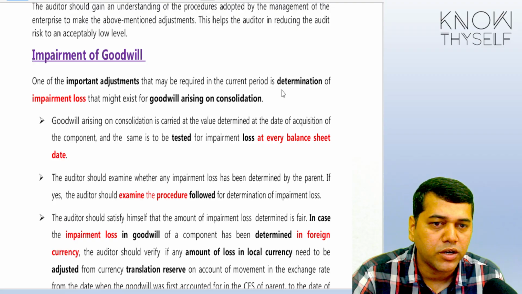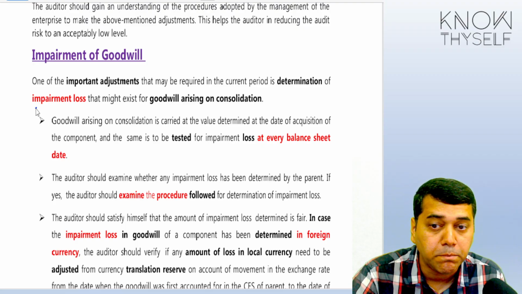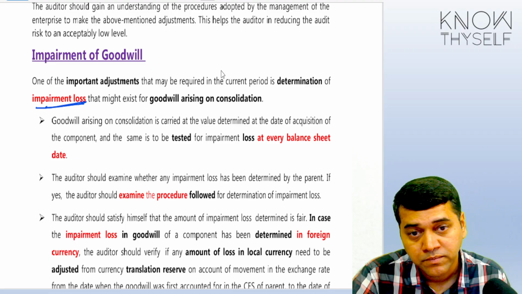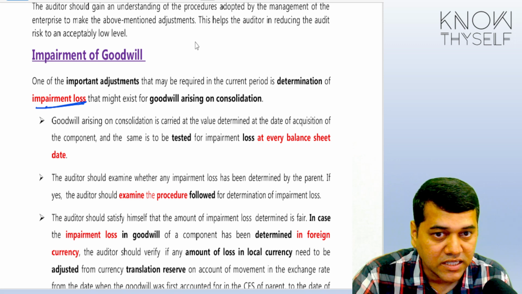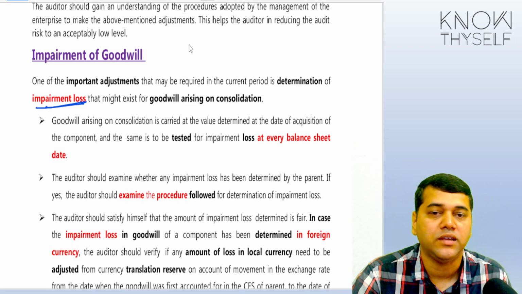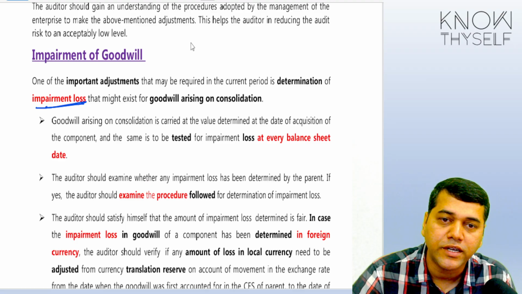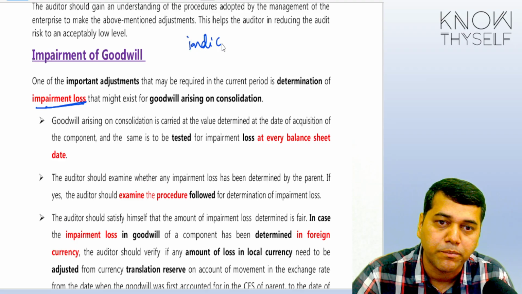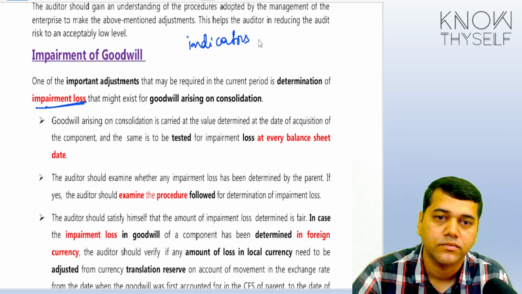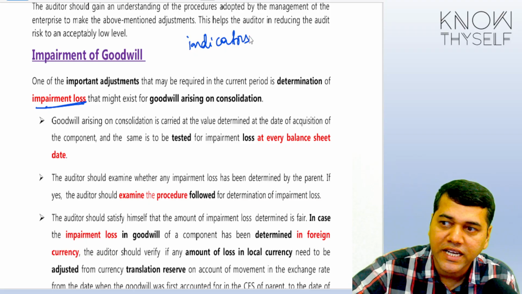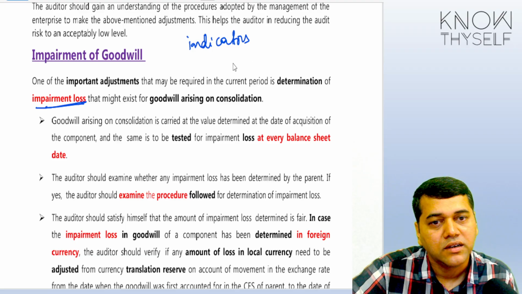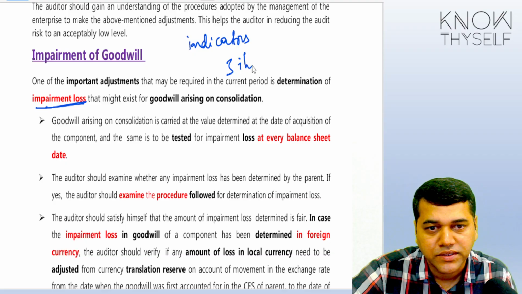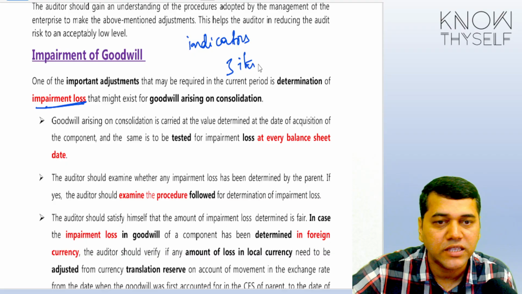Okay, now let us see what that impairment of the goodwill is. One of the important adjustments is in the determination of the impairment loss, because your Ind AS 38 says that impairment has to be evaluated only when there are indicators of impairment. Okay, only if you see indicators of impairment, then only you have to calculate the impairment loss. But 3 items you have to always calculate the impairment every year.